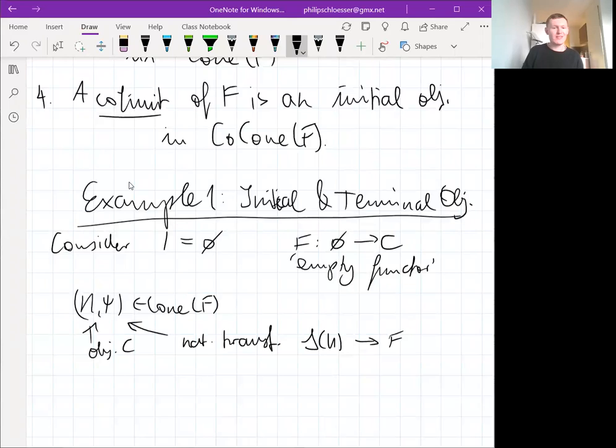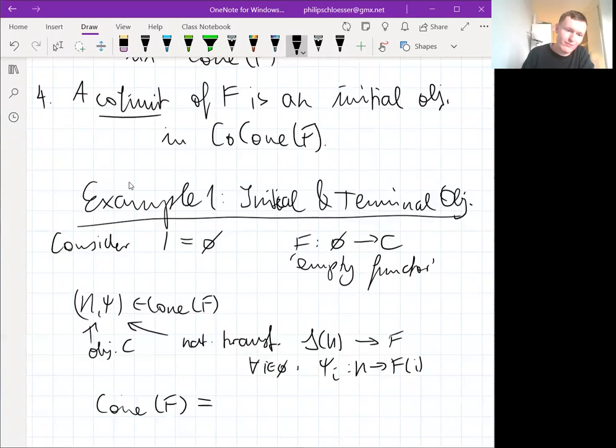So for every I in the empty category, we are given the map psi I from n to F of I. Oh, okay, so this is nothing. Our natural transformation is just nothing. So the cones of F are just the objects of C.